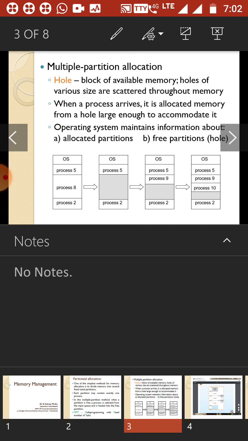Whenever a new program is submitted for execution to the OS, it maintains a queue. In the queue there are some user programs available for execution. The OS picks the first program and searches the available blocks for one that is sufficient for this program.